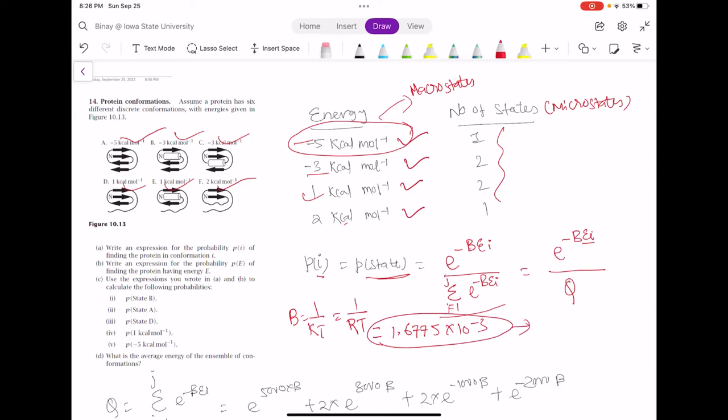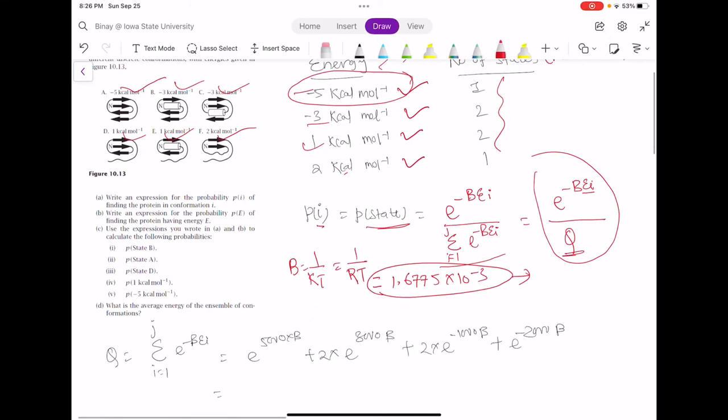Now we have this expression, but we don't know the value of q. To calculate q we sum over all energy states from 1 to j. There are only 4, so I'll just sum them: e to the power 5000 beta, 2 times e to the power 3000 beta, and so on. Here I have multiplied by 2 because there are two microstates for that energy, and the same for the 1000 term.